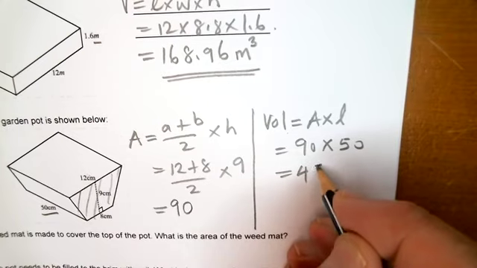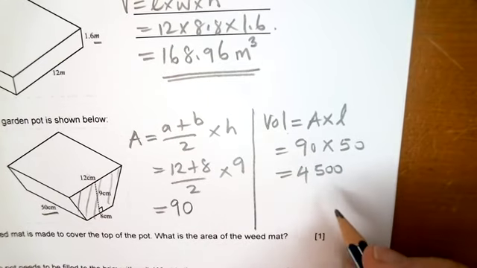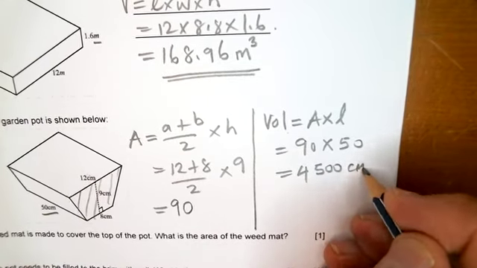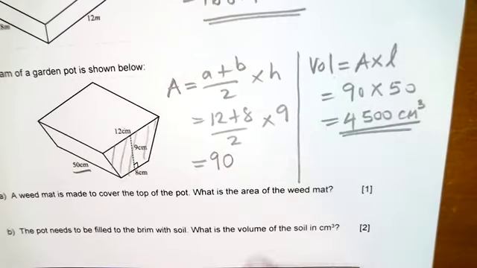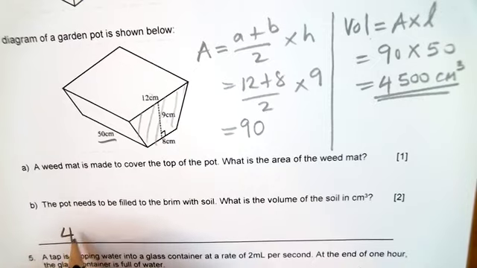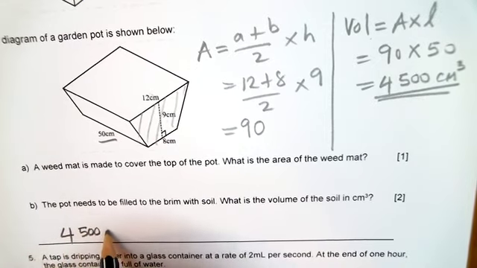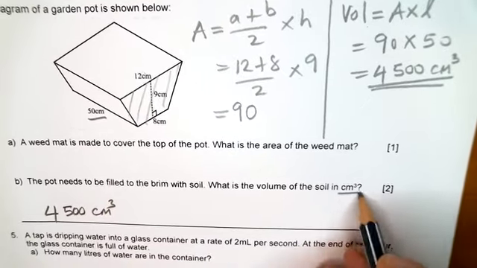It's 4,500, and this is going to be cubic centimeters. There it is. So there is our volume. And this is where this goes in here, 4,500, in cubic centimeters. That's rather nice.